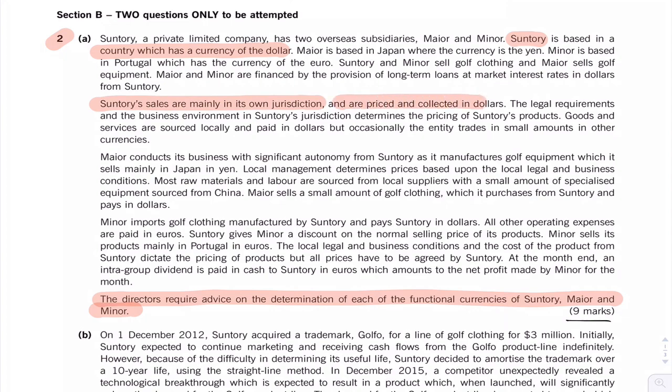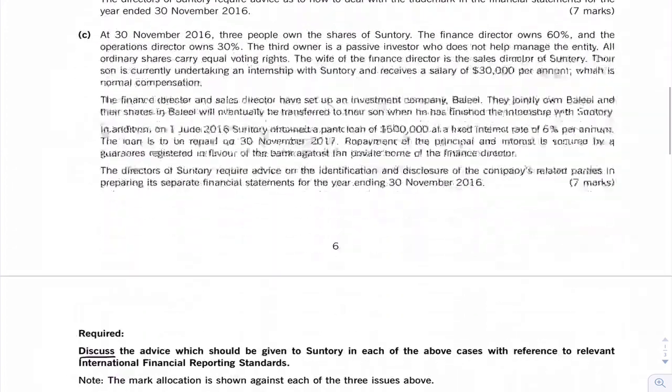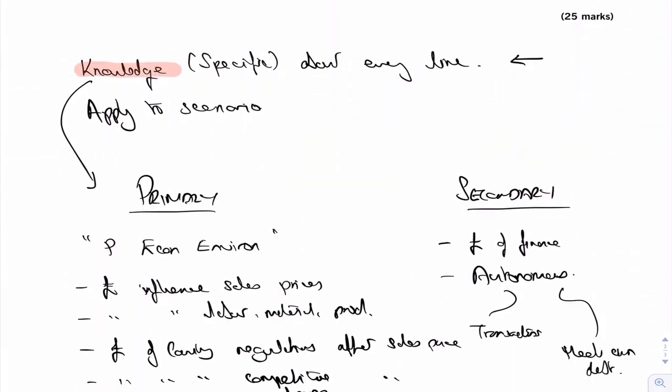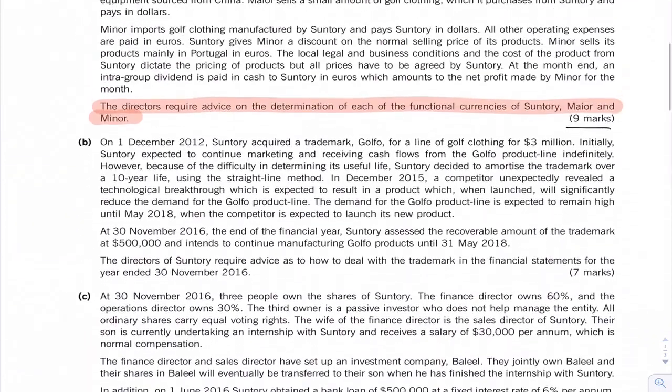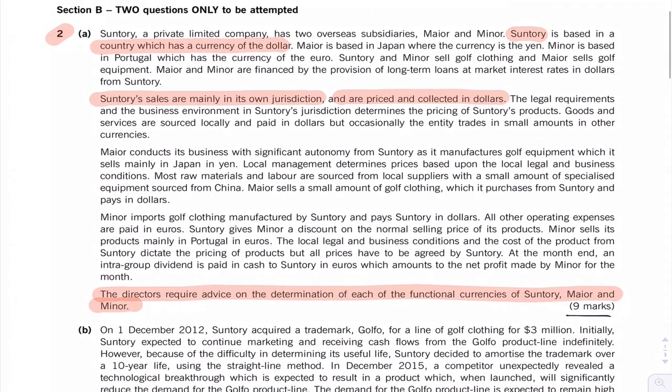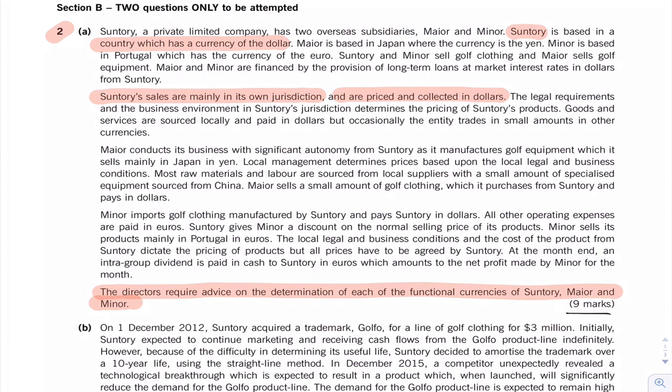And they're priced and collected in dollars. So you would say, okay, then it seems to be that it's dollars which influences the sales price. It's dollars which is the setting of the sales price. Legal requirements, so the regulations and the business environment, the competitive forces, also in their jurisdiction, determine the pricing.